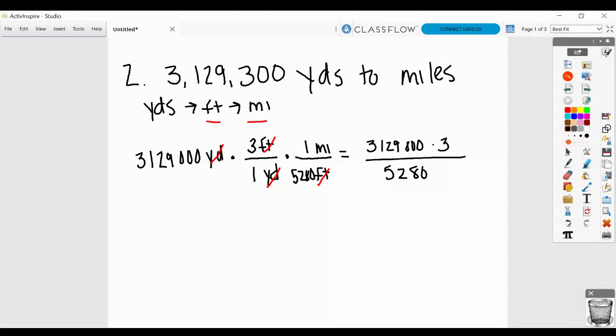All I did was multiply straight across. So that ends up being 1,778.01 miles.